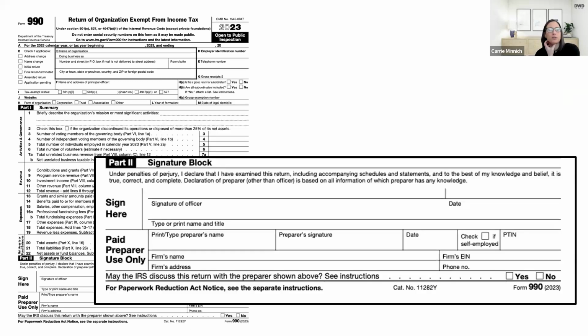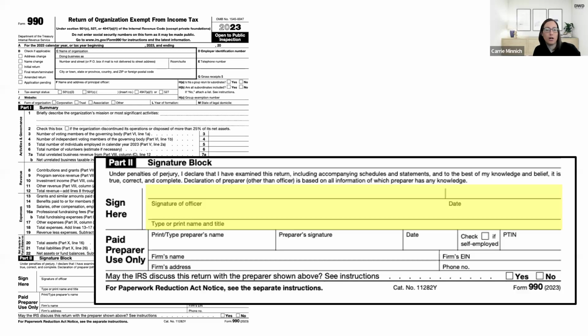On the bottom of the first page, the return asks for a signer. Whoever signs this return must be a current president, vice president, treasurer, assistant treasurer, chief accounting officer, or other corporate officer who is authorized to sign as of the date this return is filed.